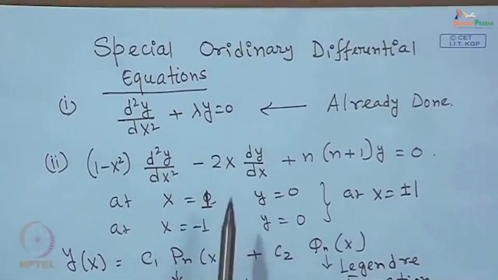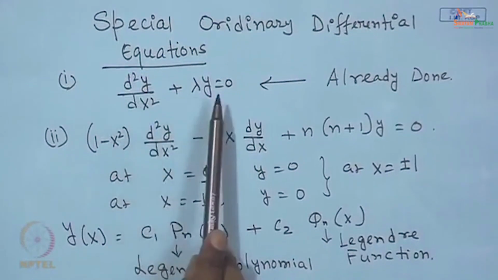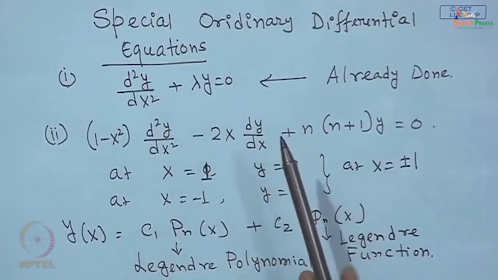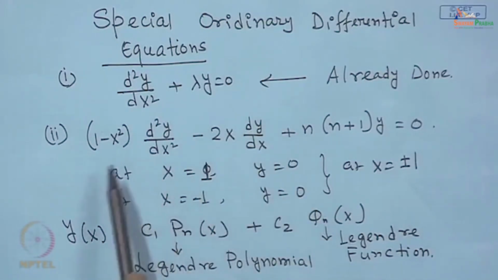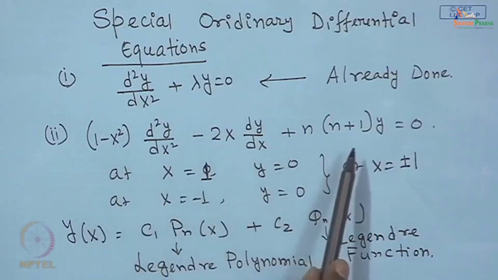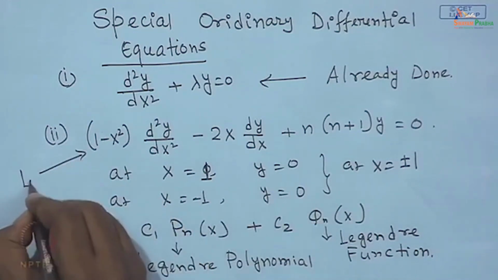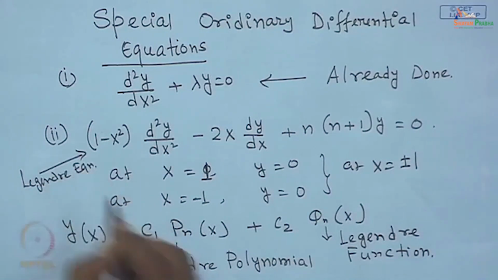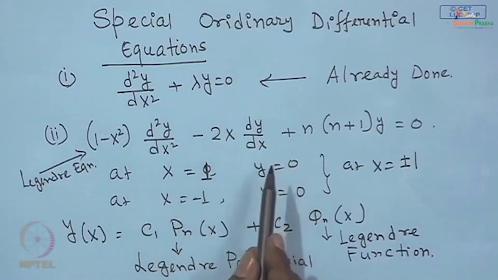If this is the form of the differential equation, we have already seen that the sine function, cosine function, etc. are the eigenfunctions, and we have already seen the eigenvalues. But if the form of the equation is a special equation, it is known as the Legendre equation, and this occurs mostly in the spherical polar coordinate system.